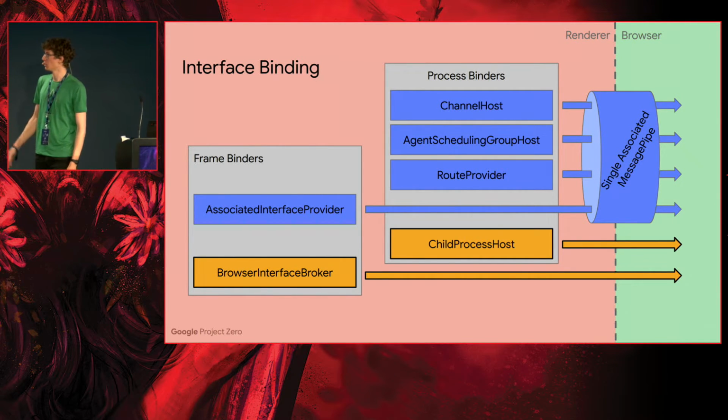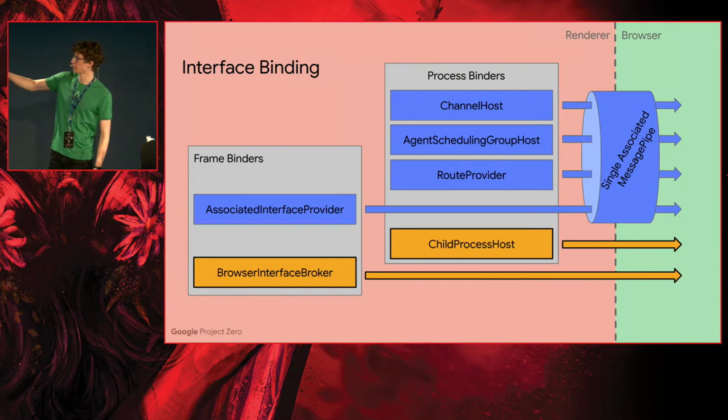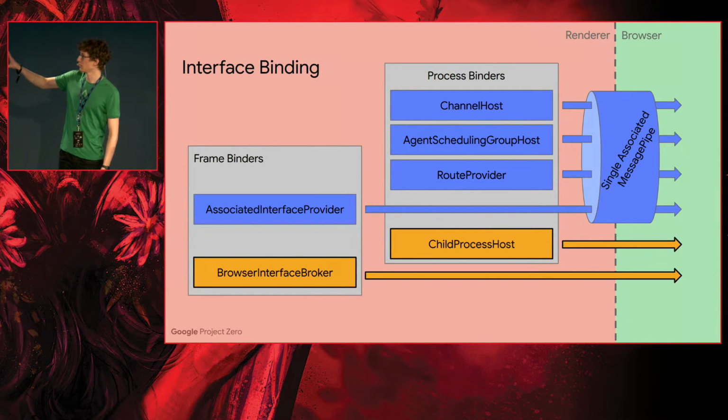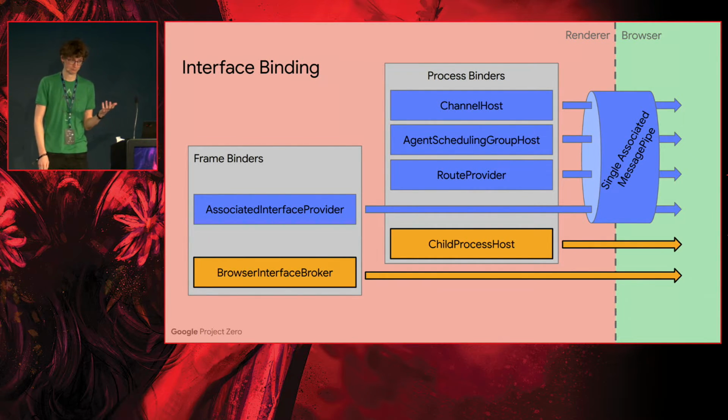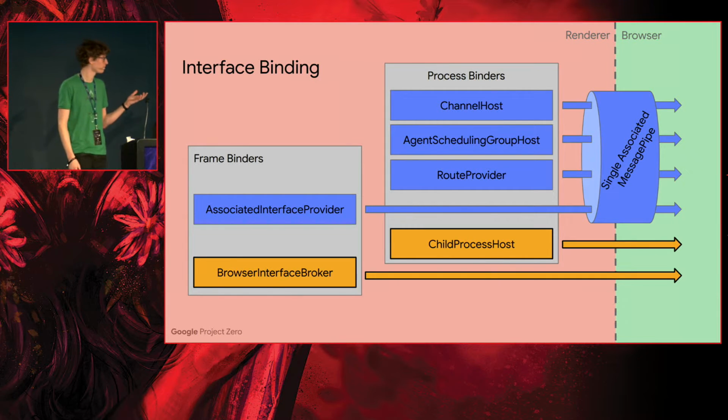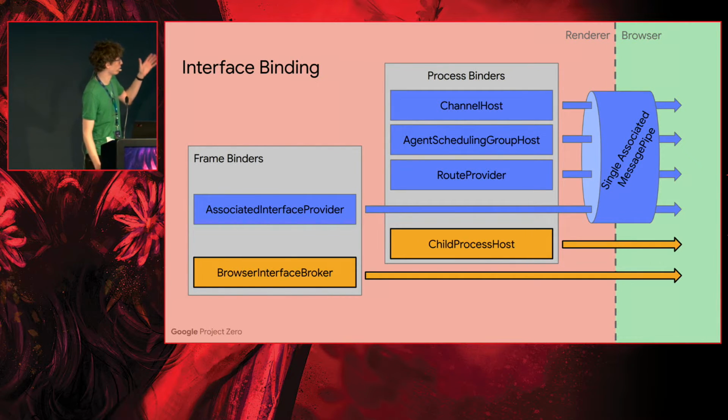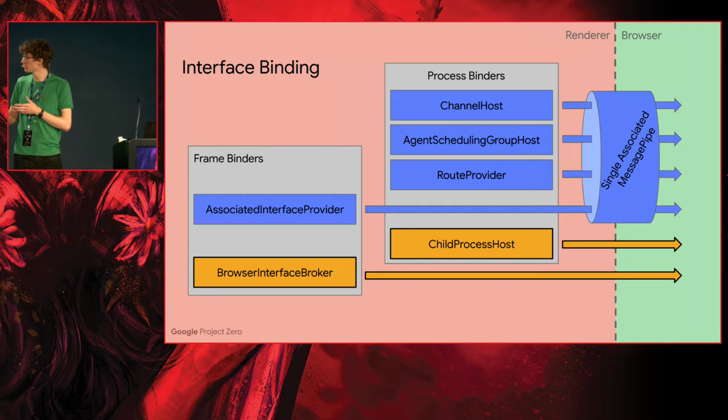So on the left, we have 6 interfaces. These are possibly not all, but nearly all of the ways that the renderer requests a service binding from the browser process. The bottom 2, which are colored in orange, are actually exposed to Mojo JS. And the top 4 are all channeled through this one big associated message pipe. This isn't exposed to Mojo JS.